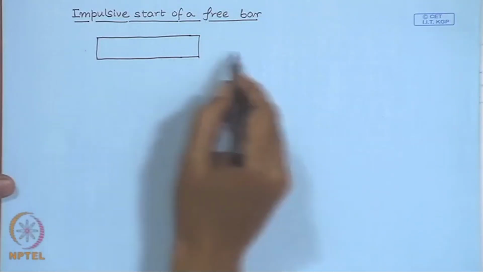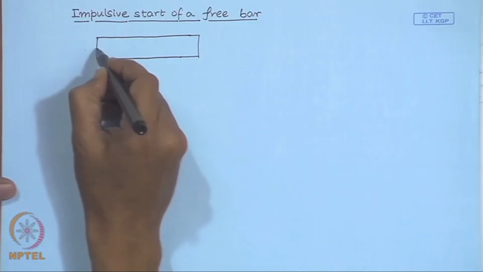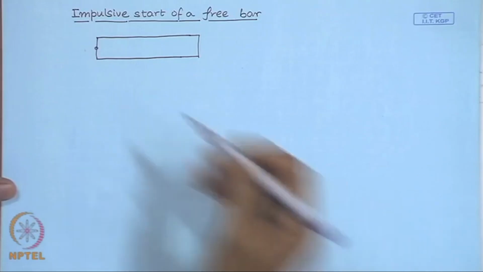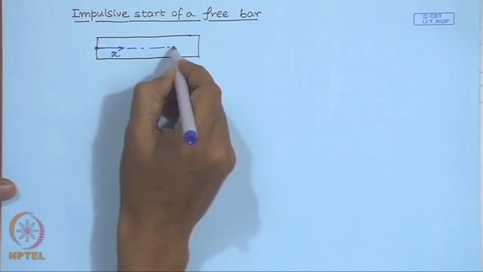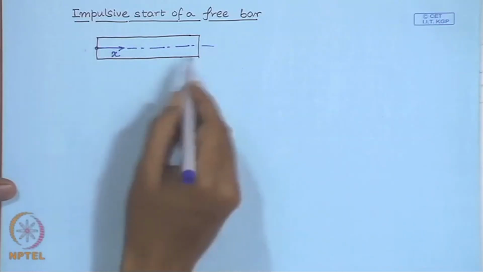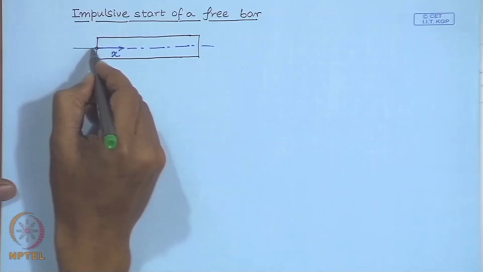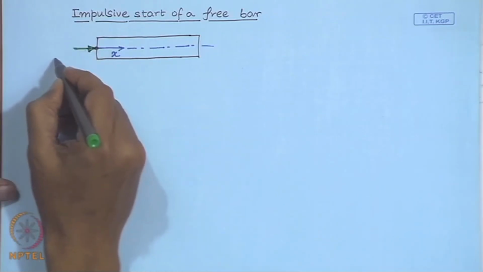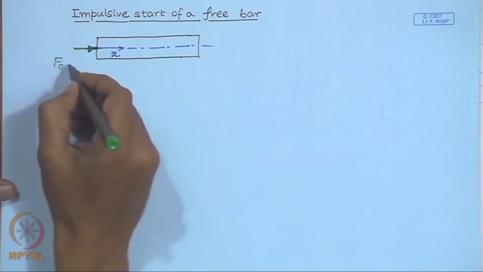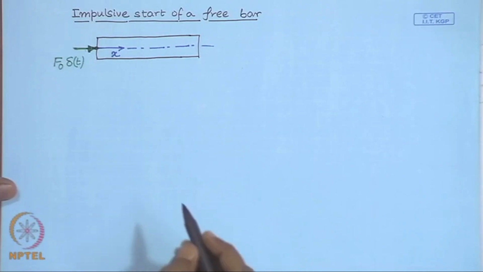So, this bar can move only in the axial direction. This is a uniform free bar which is given a force of strength F naught, which is an impulsive force.